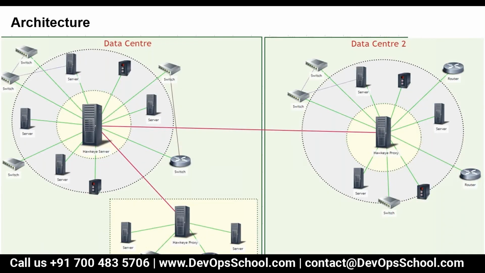So this is one presentation regarding the architecture. Here you can see this is data center 1 on the left side. On the right hand side we have data center 2. In the center, this is the server.